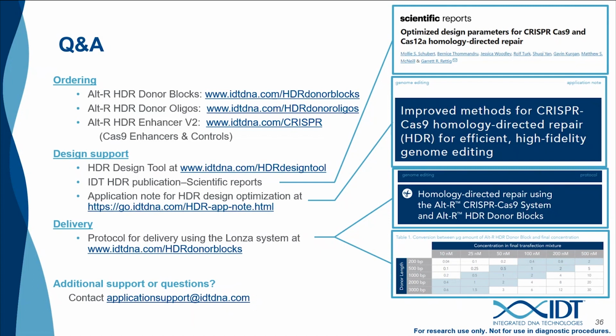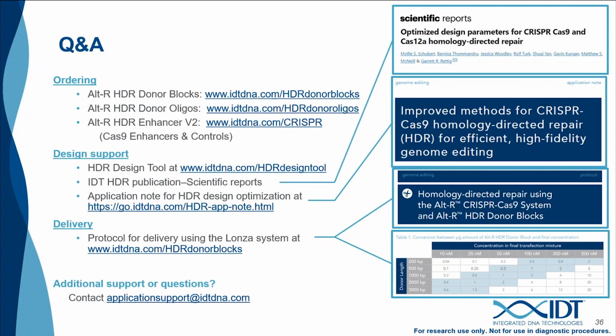Here's a good question. Someone is asking if we have any delivery methods for lipofection. That's another good question. We do have a formal protocol available for Lonza electroporation. That will give you recommendations for volumes to use for your cells, for your donor and RNP, as well as guidance on amounts to use for those reagents, in terms of micrograms, to avoid any viability concerns.